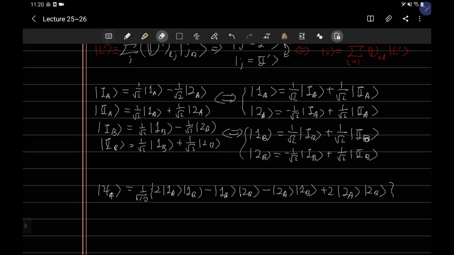So here, what I'm going to do is replace each of these with this new definition. But let's save some effort so that I can make the situation a little bit simpler.